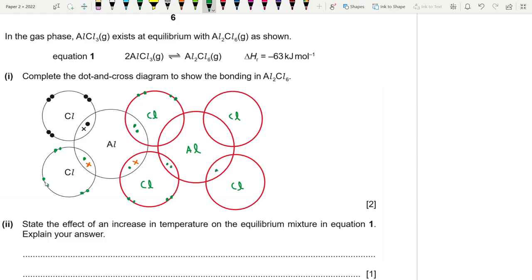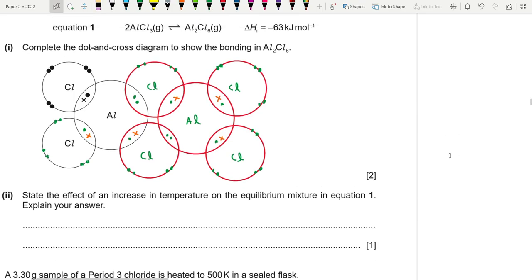You get what I mean? And here we just have typical single bonds. Okay, there you go. Hopefully I haven't missed anything. Oh yeah, single bond over here. So 3 single bonds and 1 dative covalent bond for each. That's how it works.